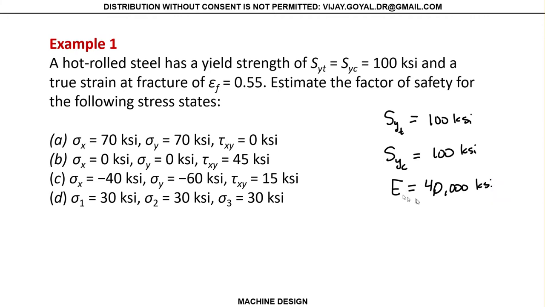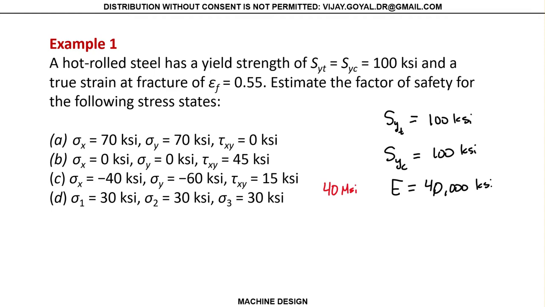What you need to keep in mind, you need to watch out for these units very carefully, because many times what you get in the textbooks and from tables is 40 MSI, okay? But 40 MSI converts to 40,000 ksi. You want to keep all the units as same as possible.